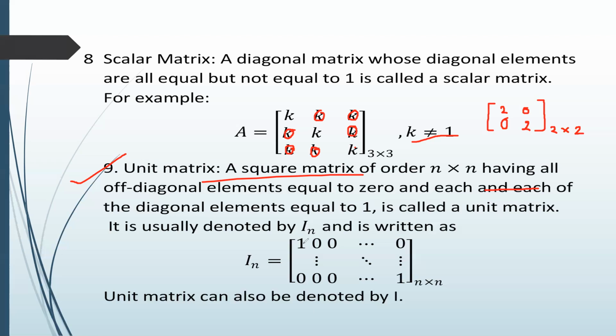It is usually denoted by In. It means only principal diagonal elements will be 1 and the remaining elements will be 0. Okay, if we want to write the 3 by 3 unit matrix, we can write 1, 1, 1 on the position of the diagonal and on the remaining positions we write 0.